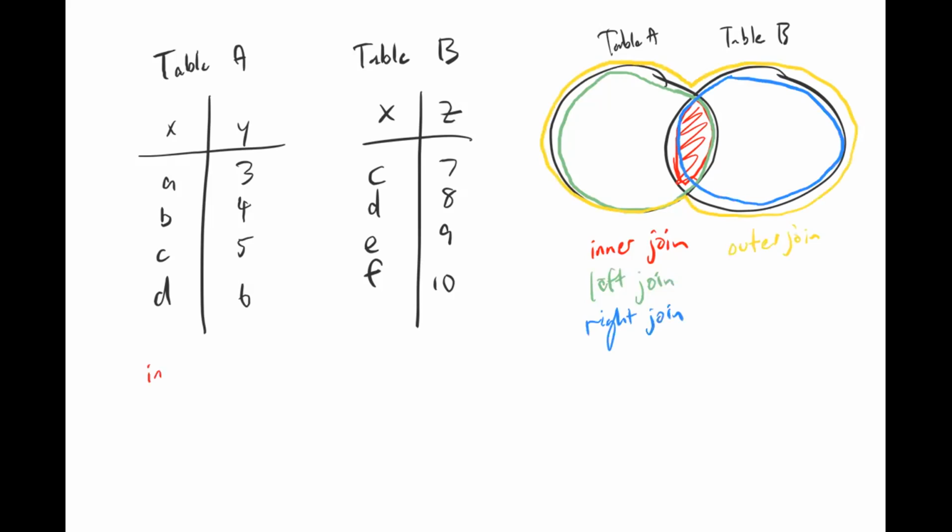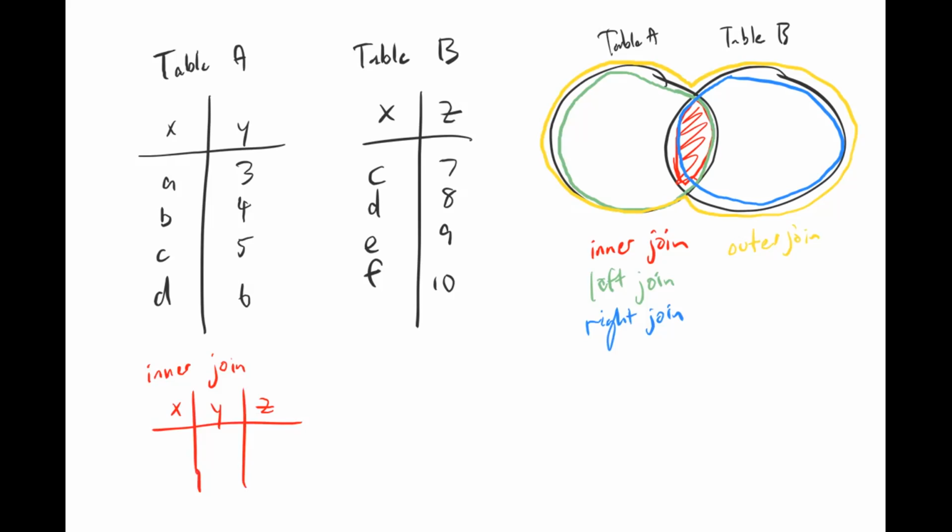My inner join will have X, Y, Z. This is going to grab all of the points that overlap.